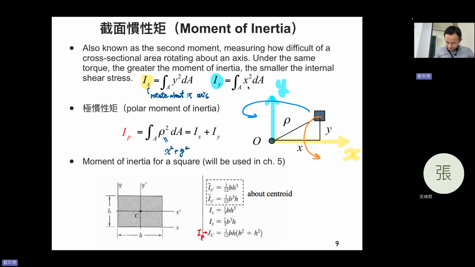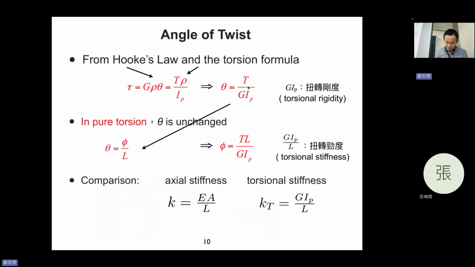That's it. Angle of twist, Hooke's law, right? Tau equals T rho divided by Ip. That's what we learned. And so theta equals T over G Ip. That's just moving things around.